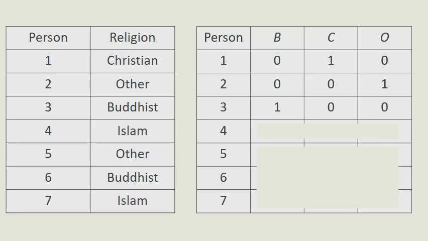And the fourth person is Islamic. So they are not Buddhist, not Christian, and not other. And this is why we only need k-1 indicator variables for k different categories. The last remaining category can be all 0s.